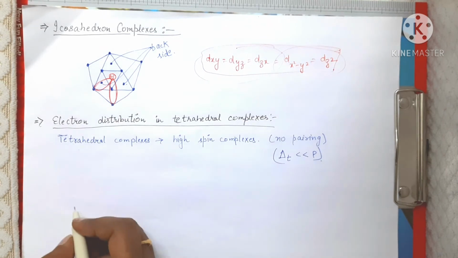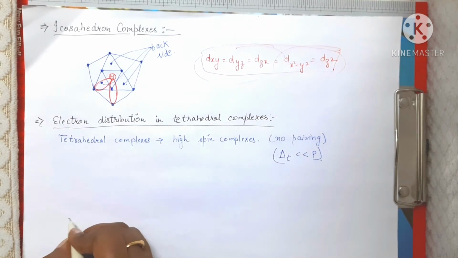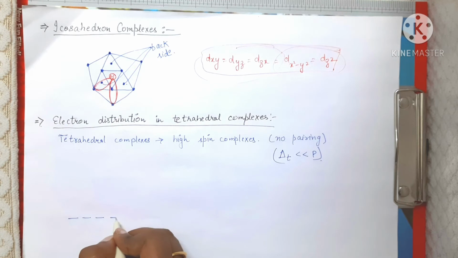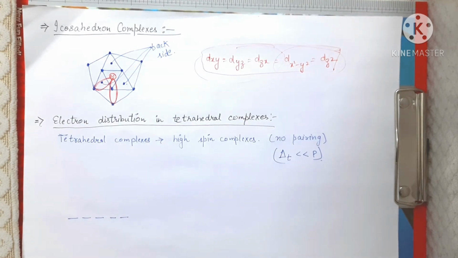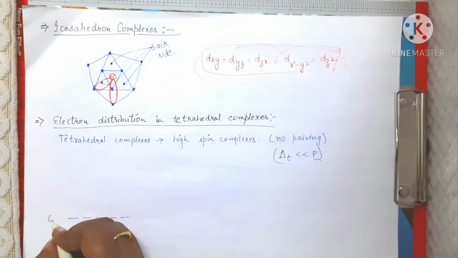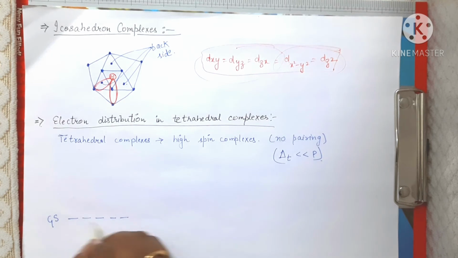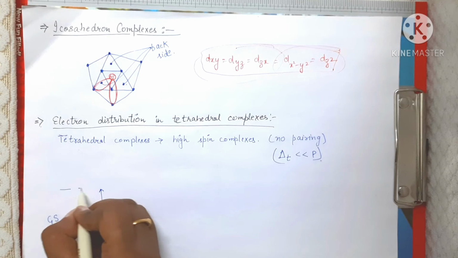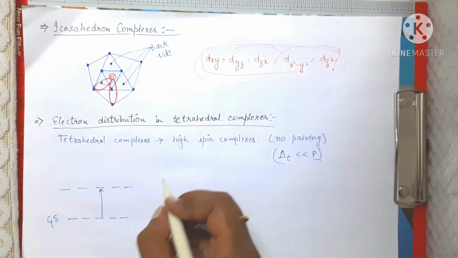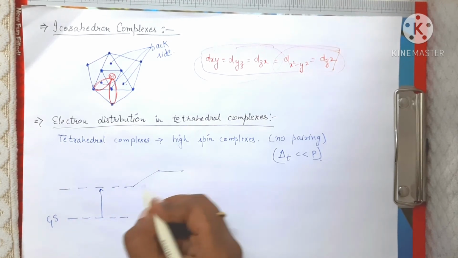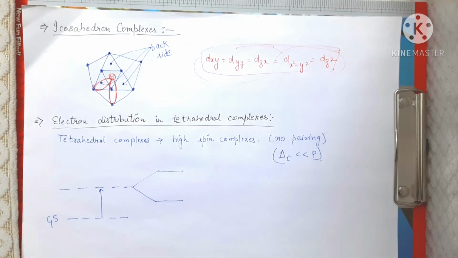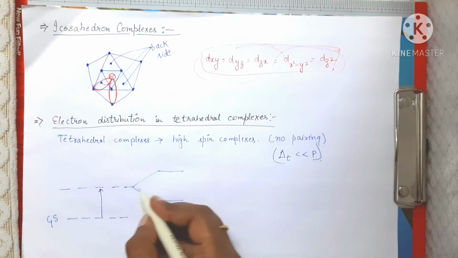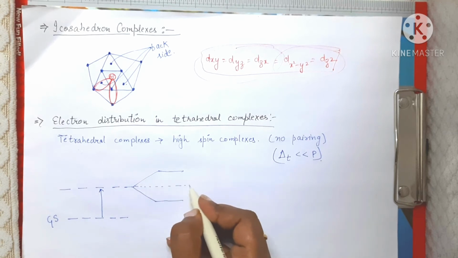So if I want to draw the d orbitals in tetrahedral complexes, then these are the 5 d orbitals in the ground state. First all of the 5 orbitals will be excited and their splitting will take place, right? Suppose this is the barycenter.